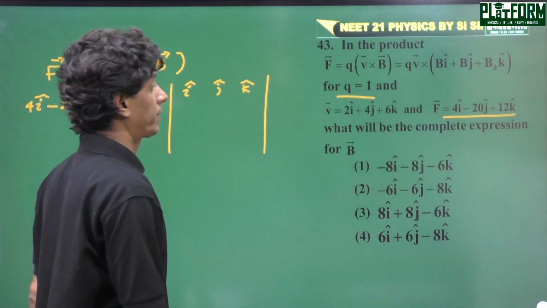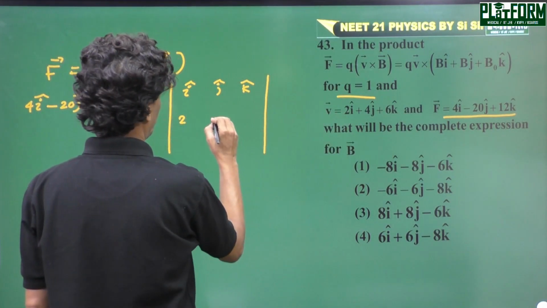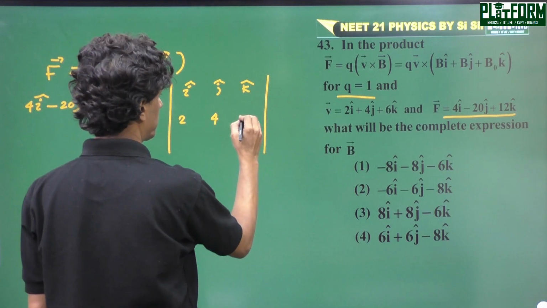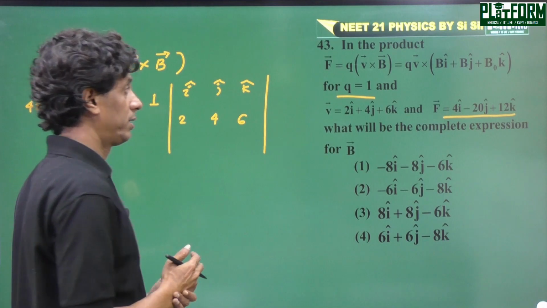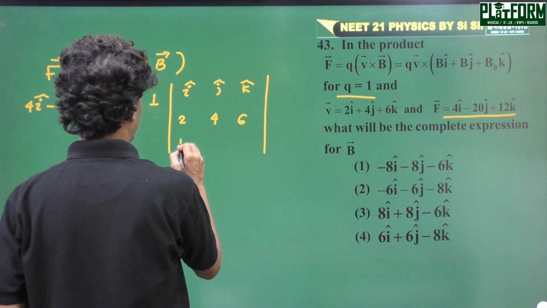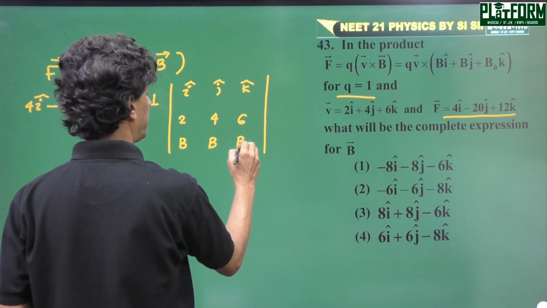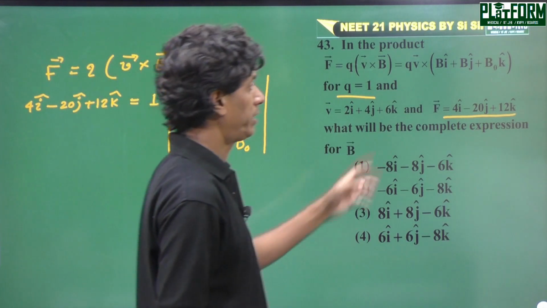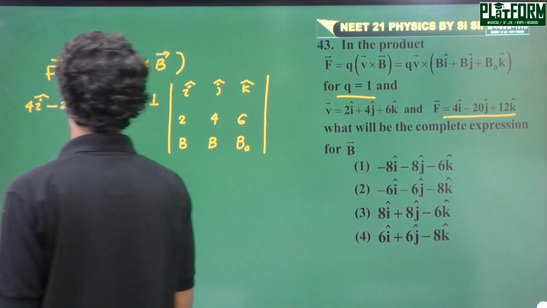And V, it is 2, 4, 6, coefficients of IJK 2, 4, 6, and similarly the coefficients of the magnetic field B, and it is given in the problem B naught, okay, with the Z component of the magnetic field.